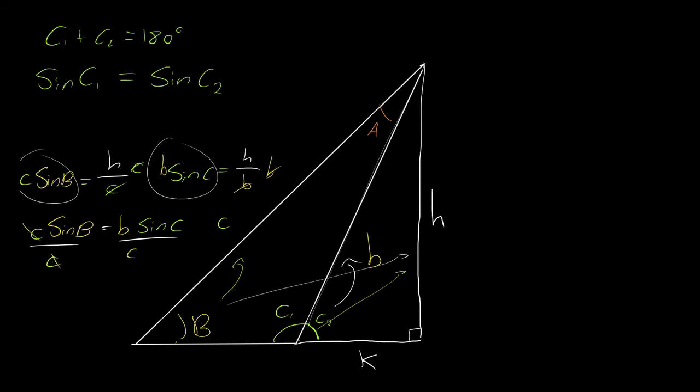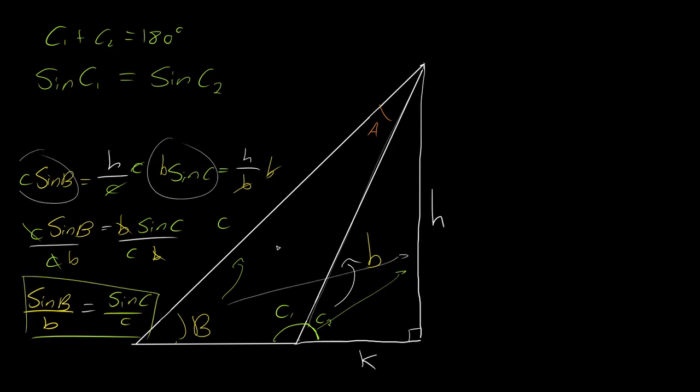Both get cancelled. And we're going to divide both sides by b. Both sides get cancelled. And we get our formula, which is sine of B over b is equal to sine of C over c.